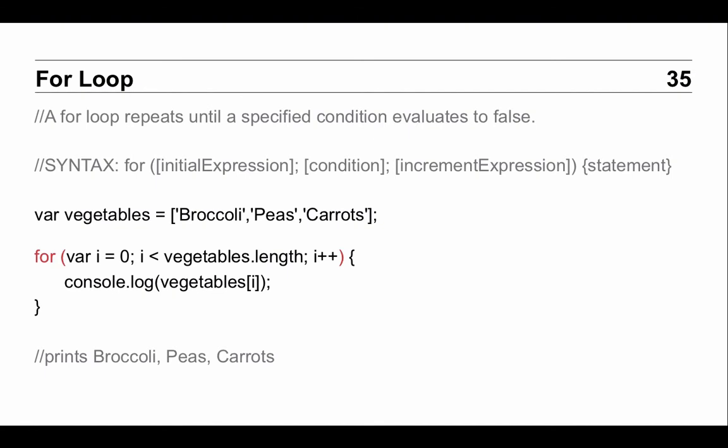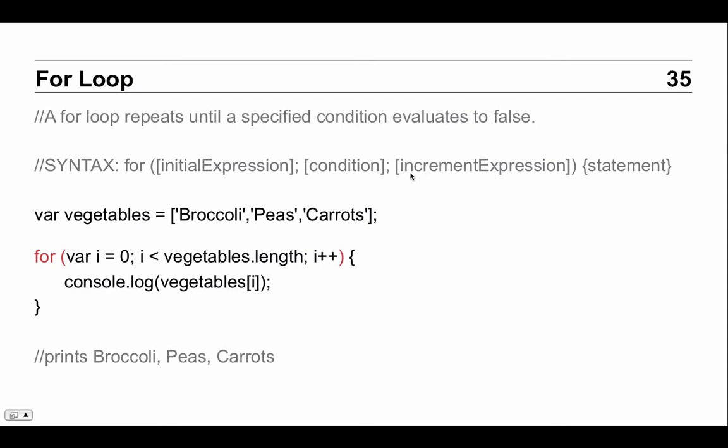The basic syntax for a for loop is we start off with the keyword for, and then inside of parentheses, we can give an initial expression. Then we have a semicolon, and then a condition that will evaluate to true or false, followed by a semicolon.